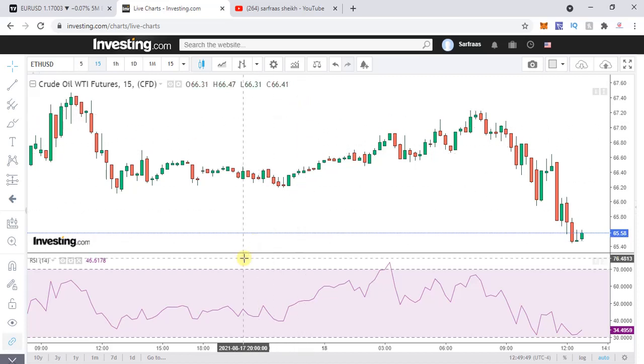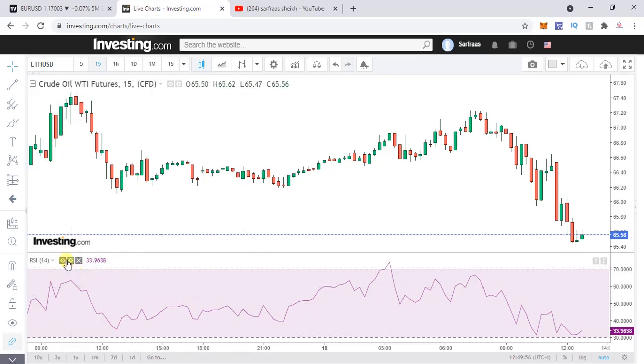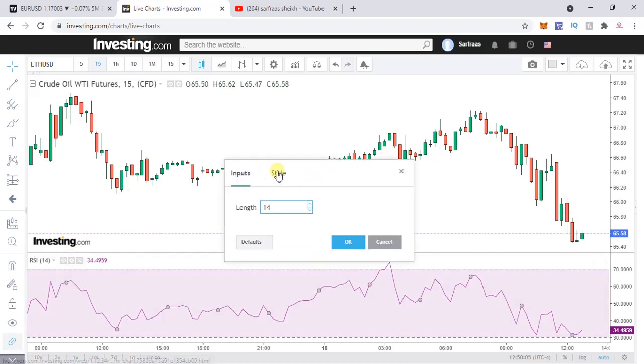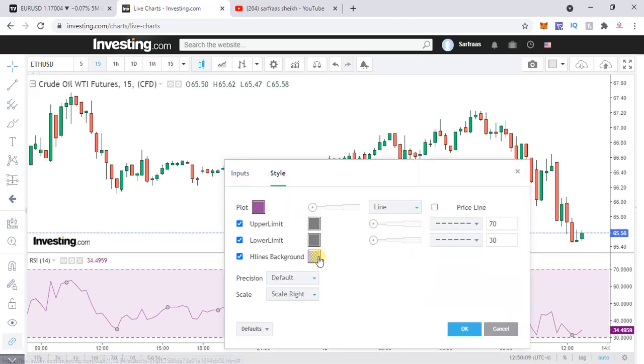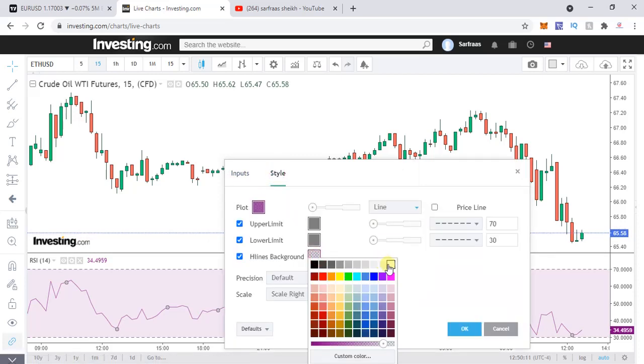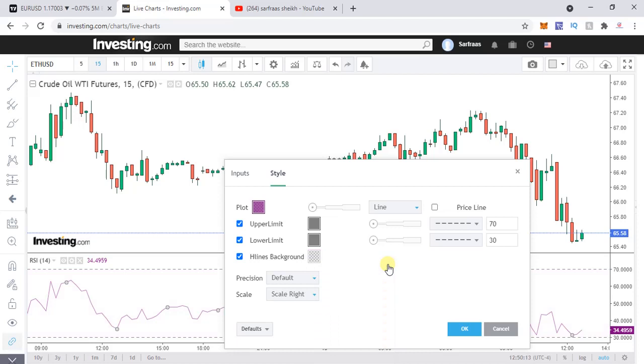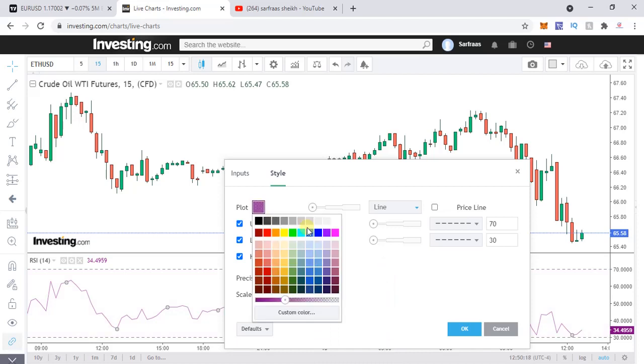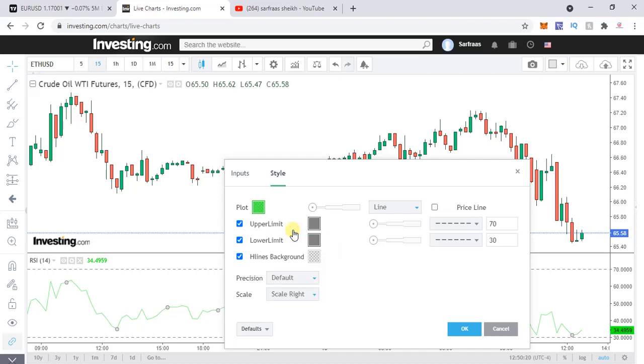Now over here you have seen that this is investing.com. Let me customize it a little. I'm going to go to settings, and I don't want this particular background, so in style, I don't change the length or anything. I'm just going to customize the color. This background, I'm going to make plain, I prefer it plain, and this I will make green.